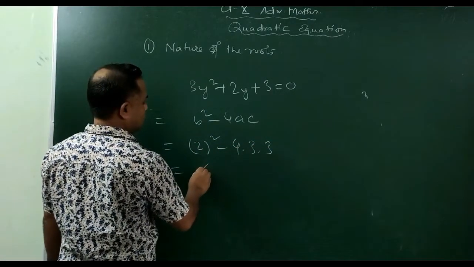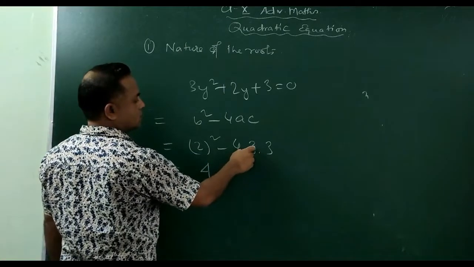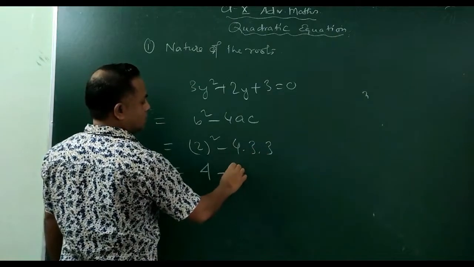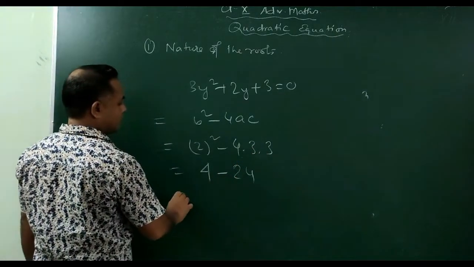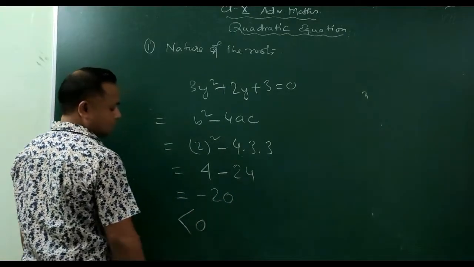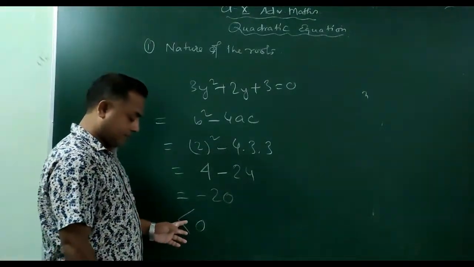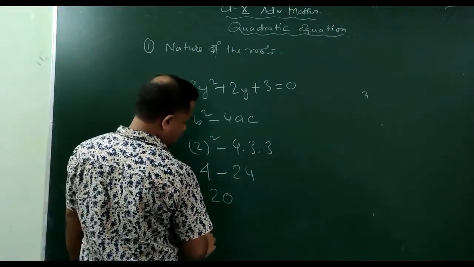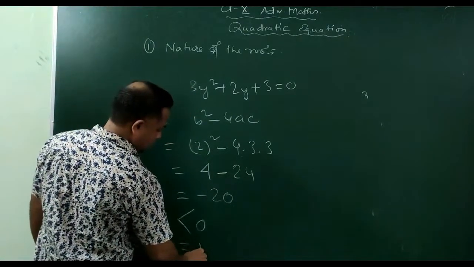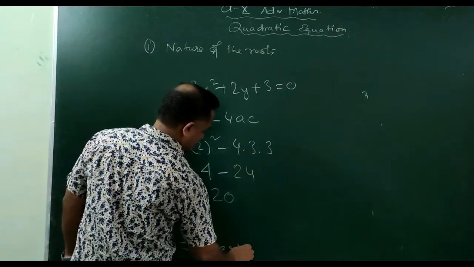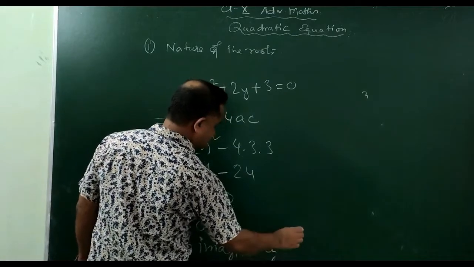That is 2 square is 4, minus 4 times 3 times 3 is 36. So it becomes minus 32, which is less than 0. So the root is imaginary.